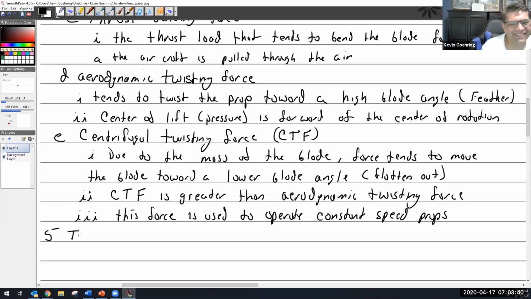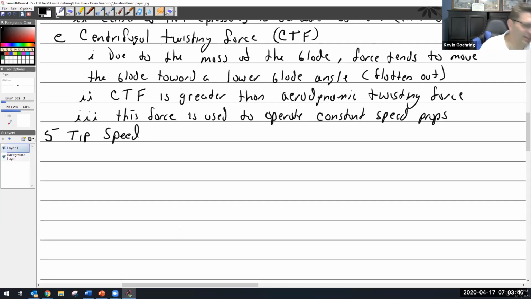Yeah. All right, tip speed. Nothing new here. We've talked a lot about tip speed over the course of our classes. So tip speed is the principal limiting factor for propeller efficiency. I always spell this type of principal C-I-P, but my notes actually have it as P-A-L, and I actually think that is right, but oh well.